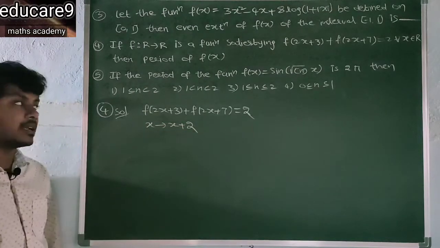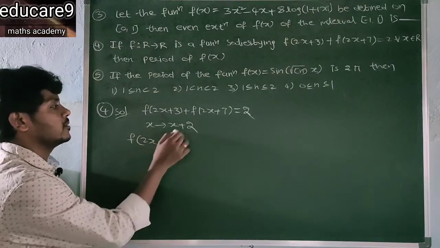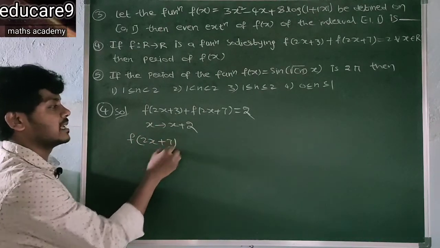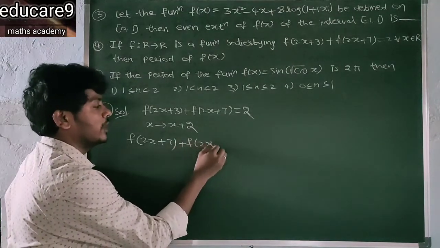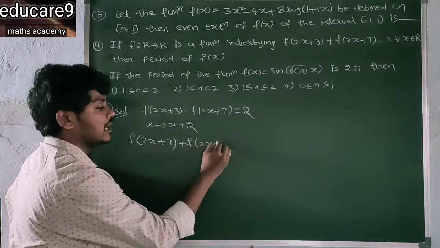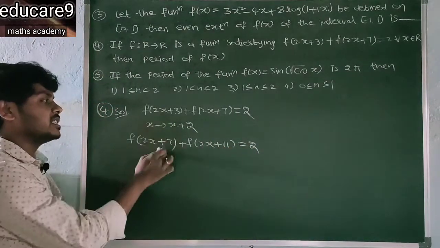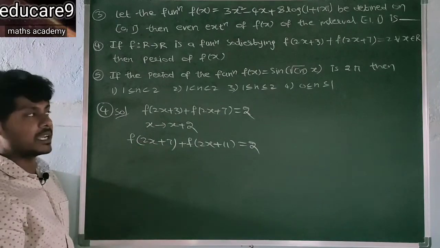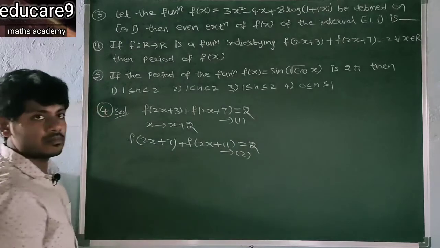Now we replace x by x+2. So what you get: f(2x+4+3), that is f(2x+7), plus f(2x+4+7), that is f(2x+11), is equal to 2. Now solving these two equations, this is equation 1, this is equation 2.